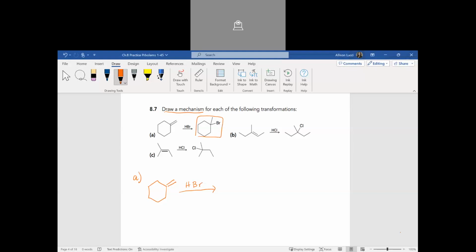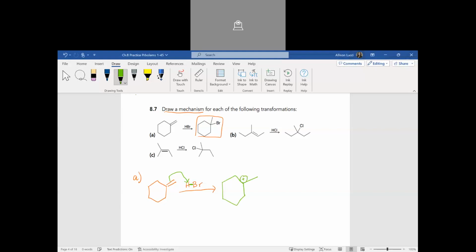So let's take a look at what's actually happening behind the scenes with this mechanistic approach. We have this bond between hydrogen and bromine. This double bond will attack this hydrogen here, and we'll see a proton transfer, and then our intermediate product will look like this.